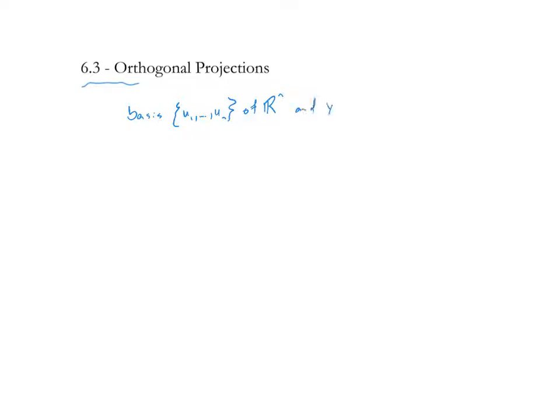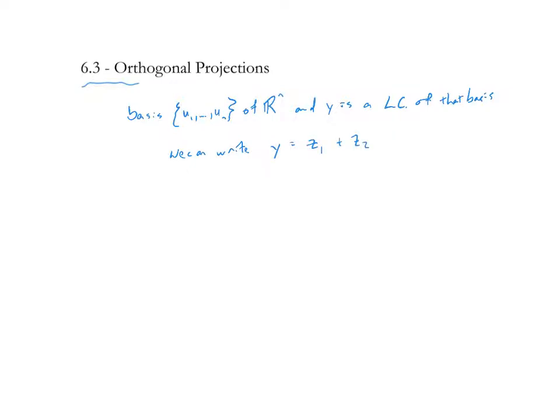And y is a linear combination of that basis. Okay? So we can kind of decompose y into two different vectors. y equals z1 plus z2.